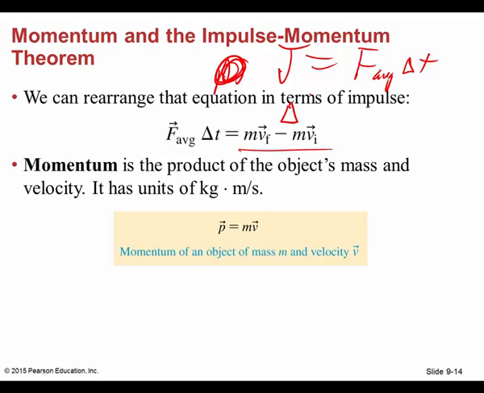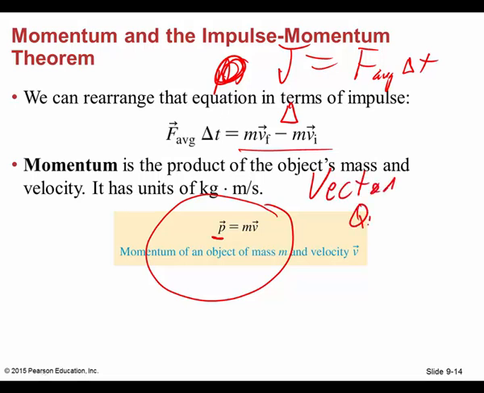So we can derive from this to say that what? Momentum of an object, p, lowercase p, is the product of an object's mass and its velocity, okay? And it is a vector quantity. It's a vector quantity, okay? So direction does matter. Very important, all right? Direction does matter.